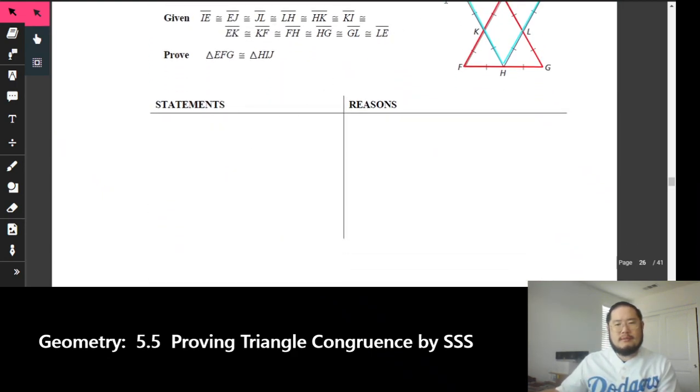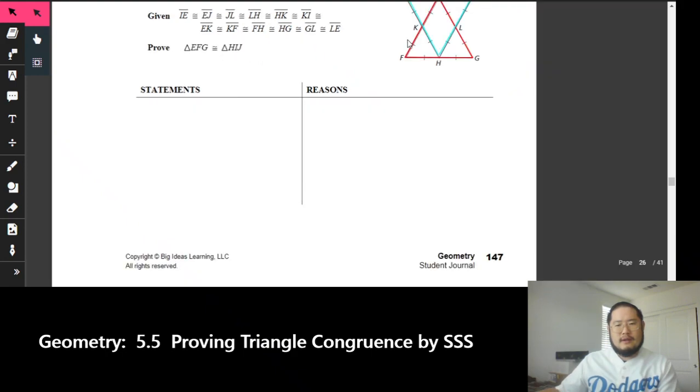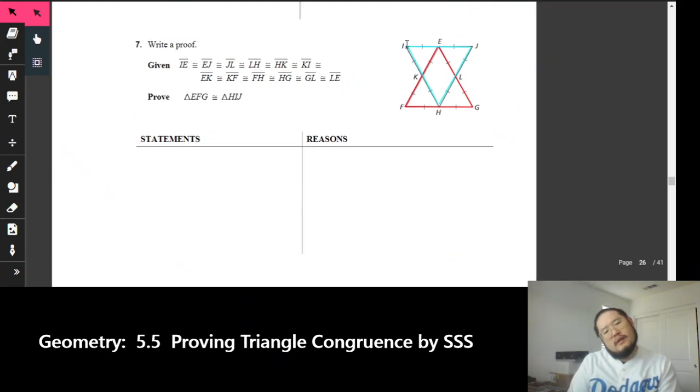All right, let's try number 7 here. They give us a lot of information, and so we're going to try to put it all together. I highlighted the two triangles we're trying to prove to help you understand what exactly we're looking at, because sometimes you want to know what direction we're going towards.